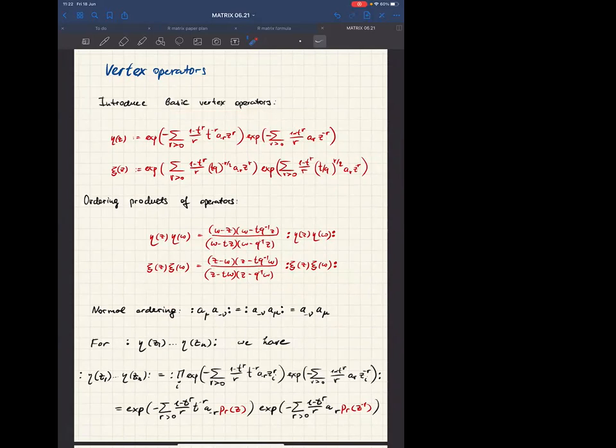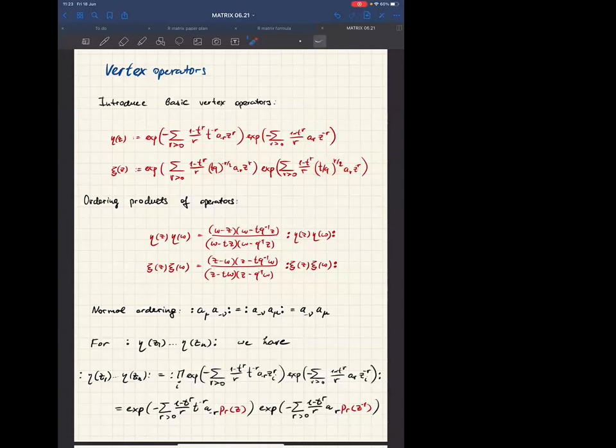We take the exponential of a sum of all negative modes with some prefactor, and the exponential of a sum of all positive modes with a specially chosen prefactor. And then we take another operator, which is similar to the first one up to some coefficients over here, but the structure is very similar.